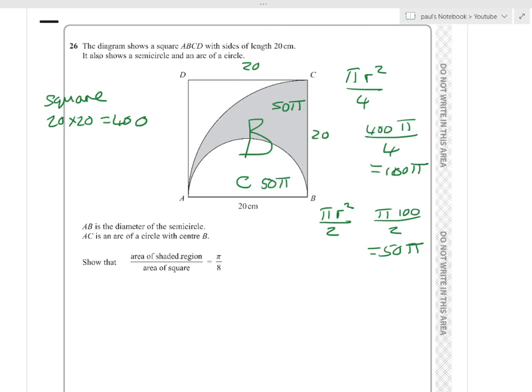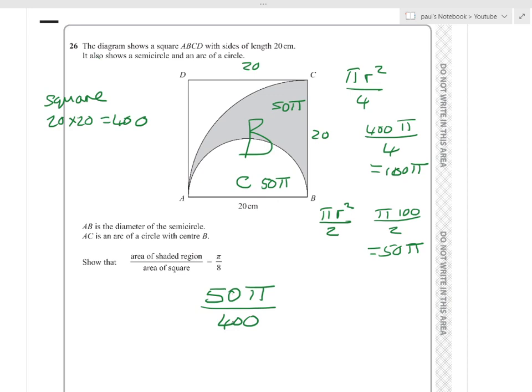Okay, so now what do we want? The area of the shaded region is 50 pi divided by the area of the square. Oh, right, so we've got 50 pi divided by the area of the square, which is 400.